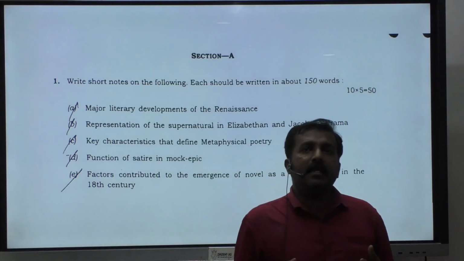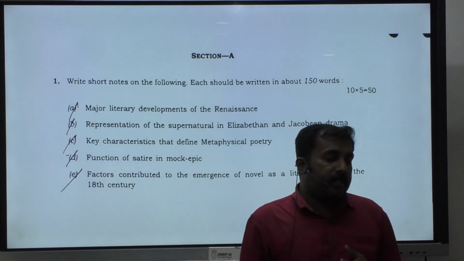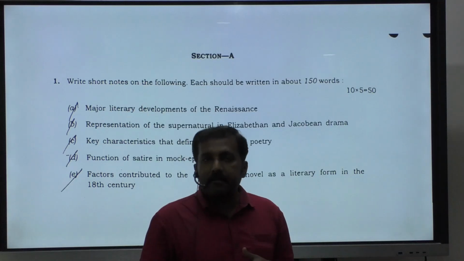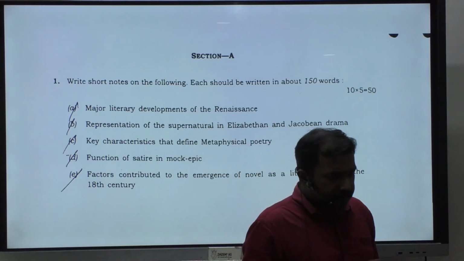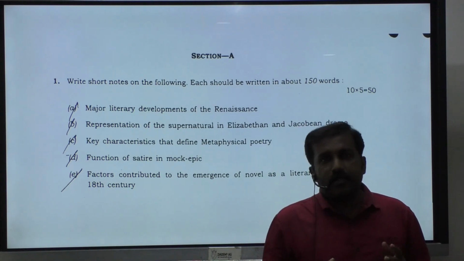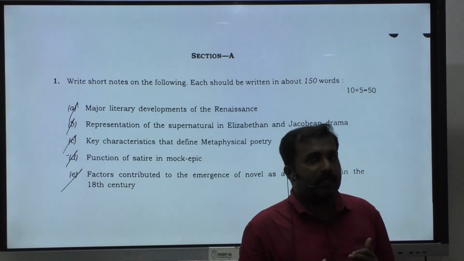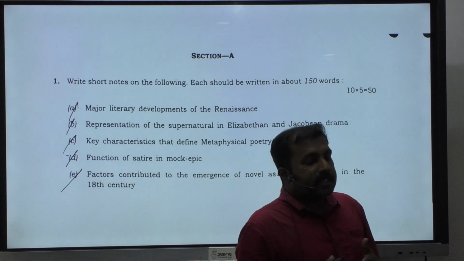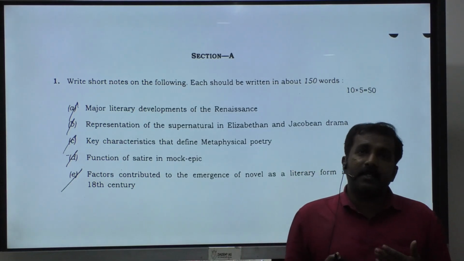Mainly we can say that the major literary development of Renaissance time came through humanism and classical revival. So what are the main points we have to give in this question? The important points we can give: humanism, classical revival.